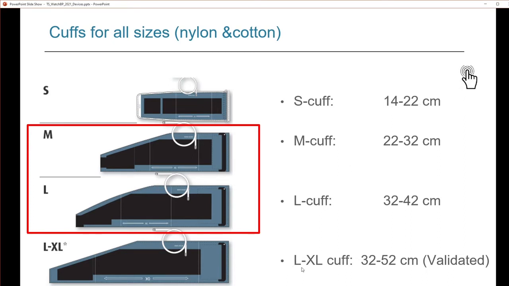And there is an LXL cuff that goes to 52 centimeters, and that is separately validated. The M and the L cuff probably will cover the majority of all patients, as it goes from 22 to 42 centimeters. The cuffs can be washed in the washing machine, and the cuffs are available in both nylon and cotton.